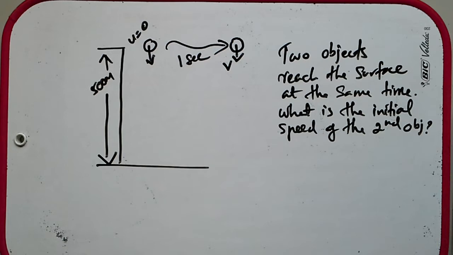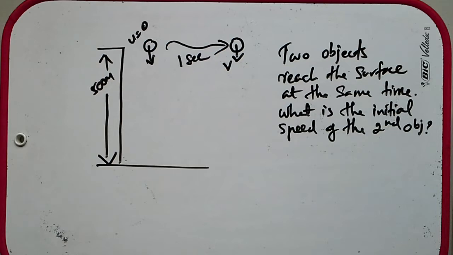The height of 500 meters is given, and the information is that these two objects reach the ground at the same time. You need to find what the initial speed should be such that these two objects reach the ground at the same time. So how do you do this?